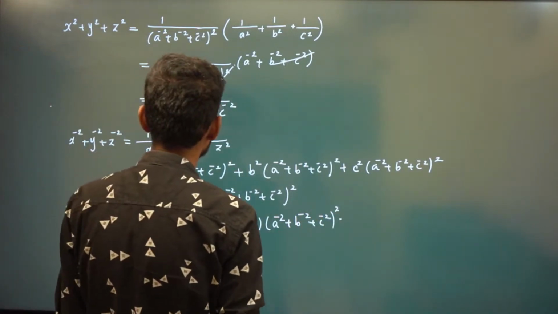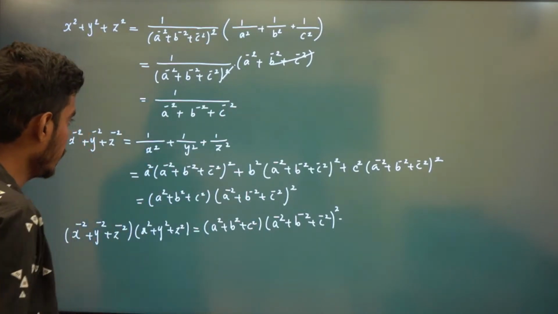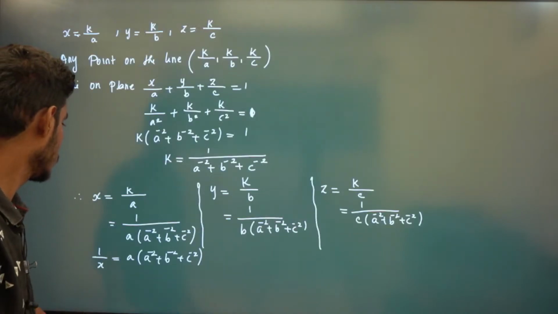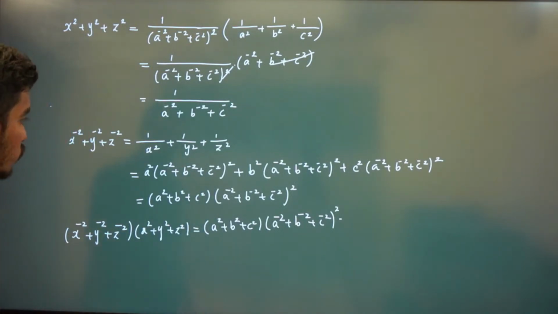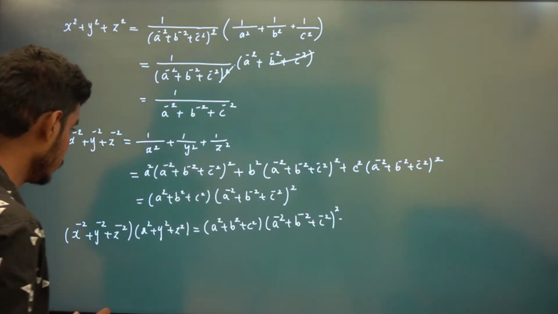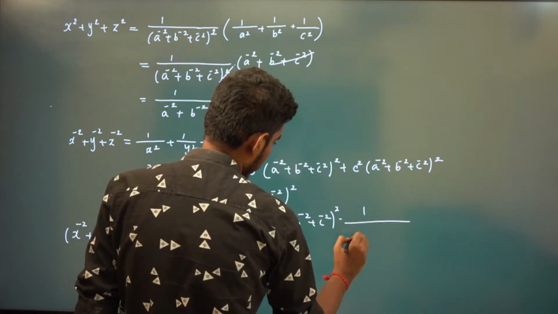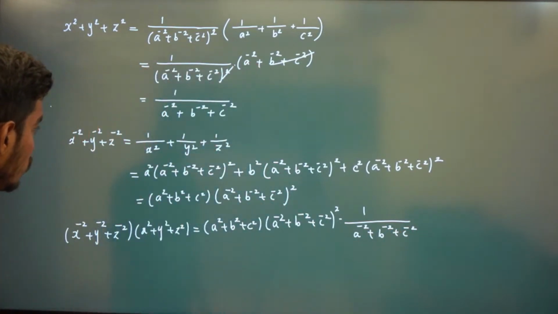And this value is a power minus 2, b power minus 2 into a power minus 2 plus b power minus 2 plus c power minus 2, right? So you will have 1 divided by a power minus 2 plus b power minus 2 plus c power minus 2.